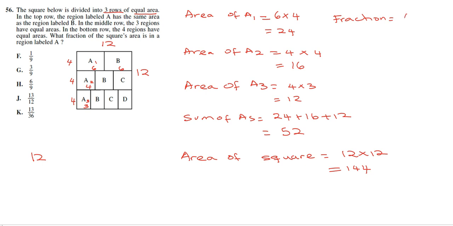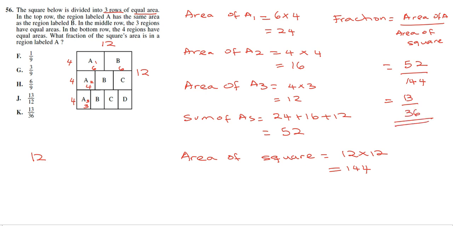It's going to be area of A divided by area of square. So we plug in our numbers. We have 52 divided by 144. We're going to divide this by 4 each time, so that's 13 over 36.